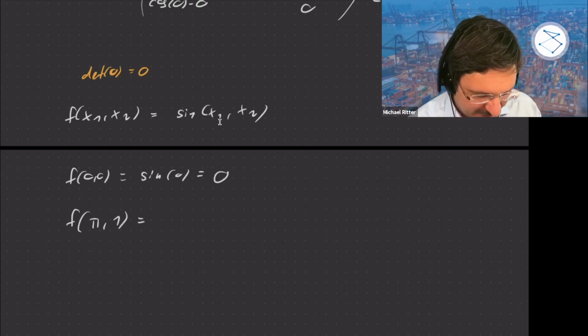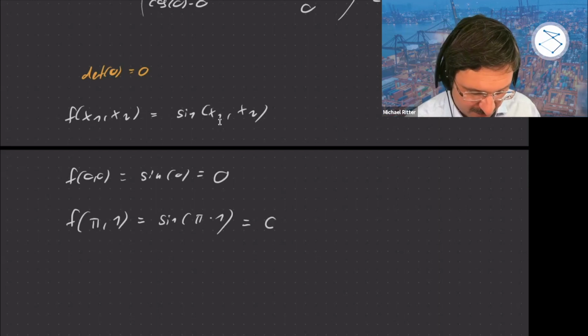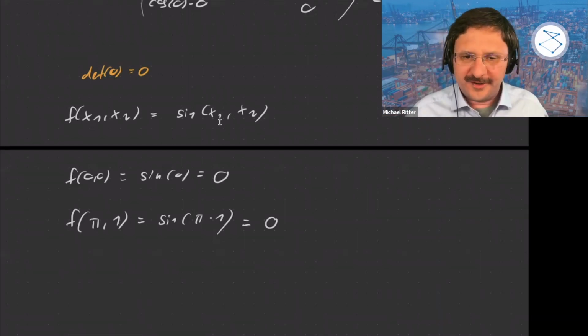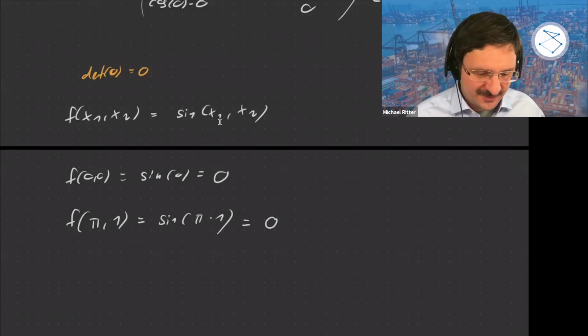Well, what do we get here? We get a sine of pi times 1. So sine of pi is also 0. So at least the current point is not worse than the one we started with, but it's also not better. So not great progress so far.